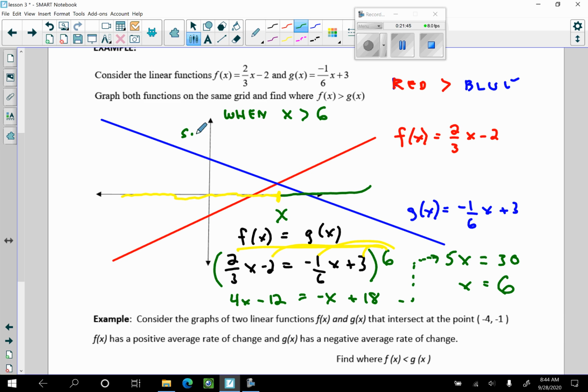Since the graph of f of x is above. This is the part that math students do not like. They do not like this writing. So f of x is greater than g of x when x is greater than 6, since the graph of f of x is above the graph of g of x. There.